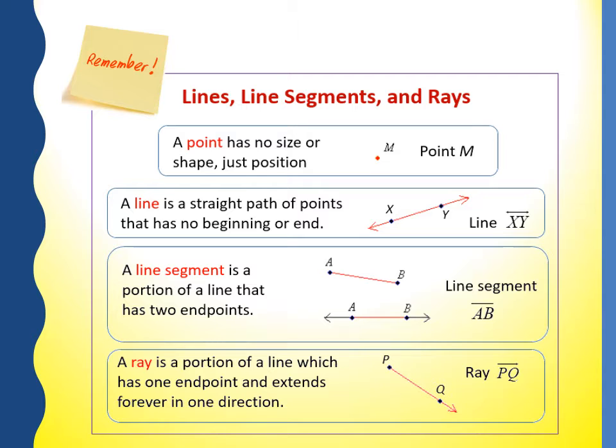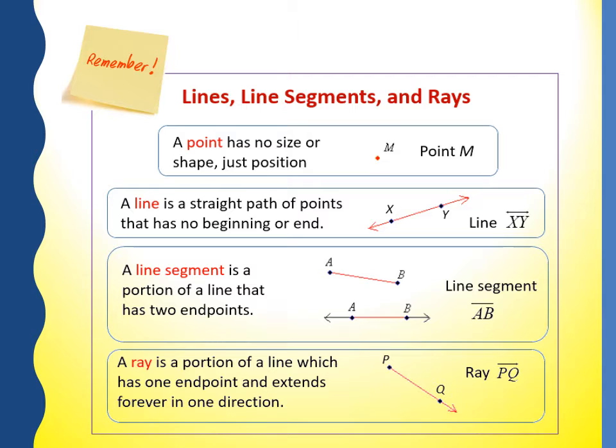A point has no size or shape, it's just a position. And we represent it by just a dot and it takes a letter. A line is a straight path of points that has no beginning or end, like this line XY, straight line.